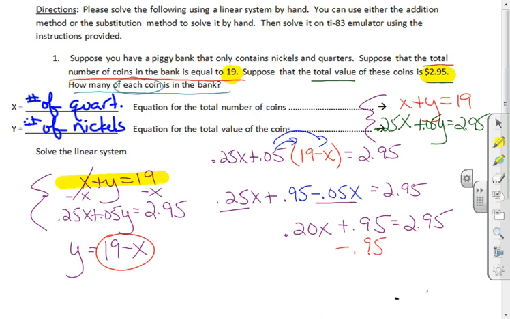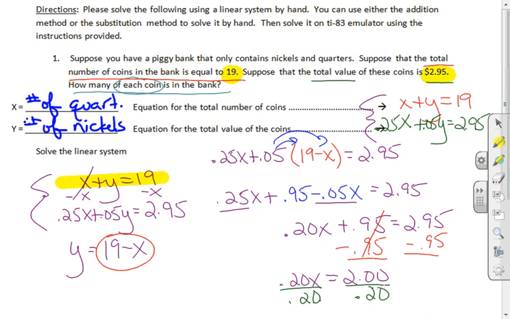Subtract 0.95 from both sides. And then I'm going to get 0.20x equals $2. Divide both sides by 0.20, 0.2, take your pick. That's going to be $2 divided by 0.2. This says that x equals 10.